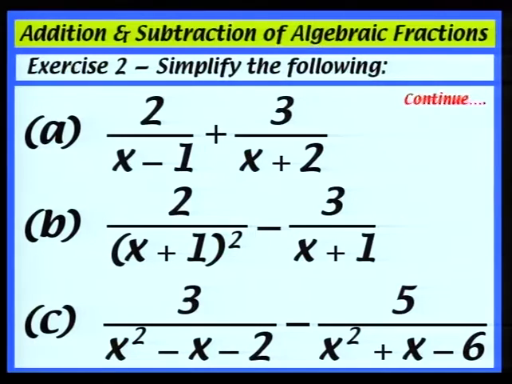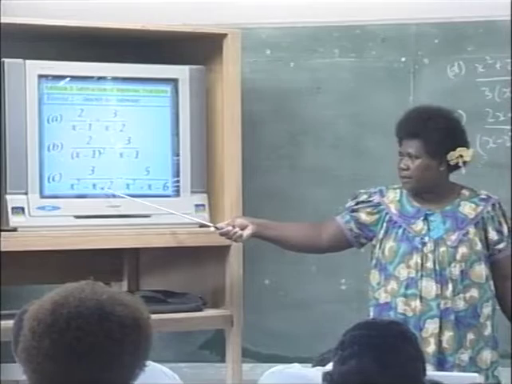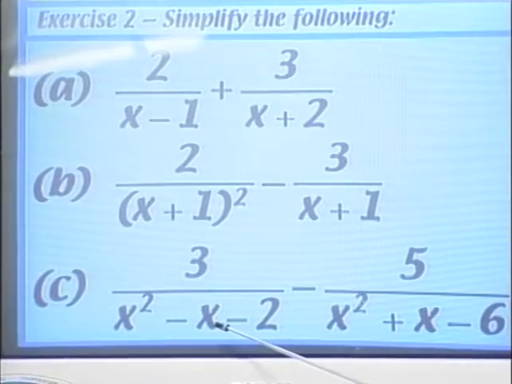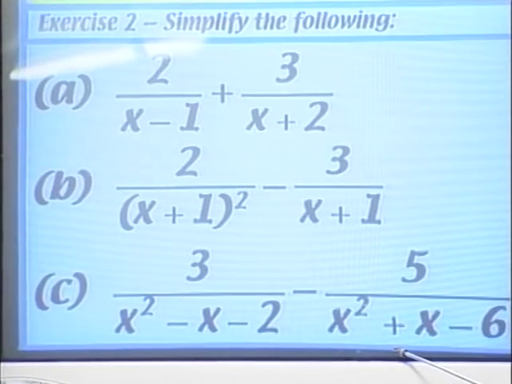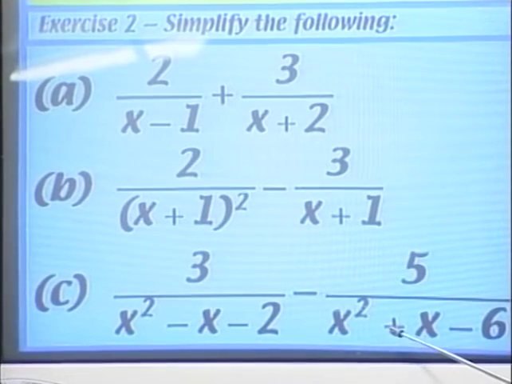Number 3, first you have to factorize x squared minus x minus 2. Because I have limited space, I'm going to try and do this quickly, so please listen. X squared minus x minus 2 is factorized as x plus 1 times x minus 2. So there is an x plus 1 and an x minus 2 here. This one is factorized as x plus 3 times x minus 2. Clear?